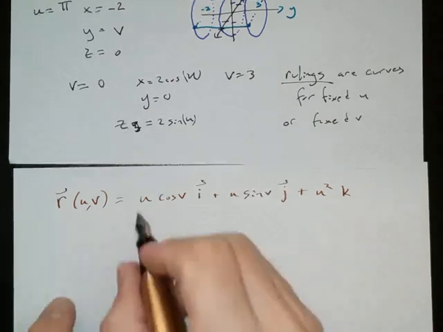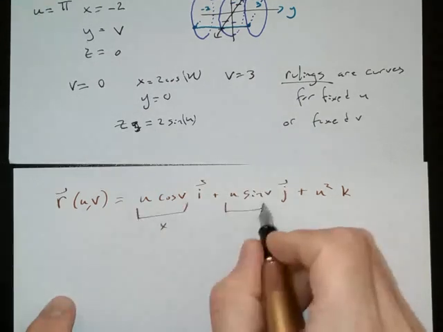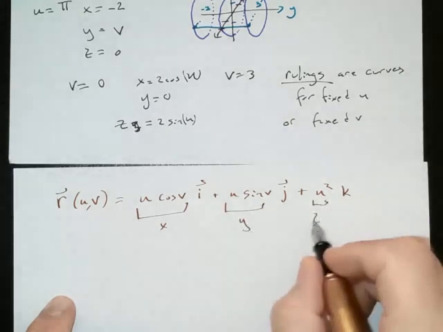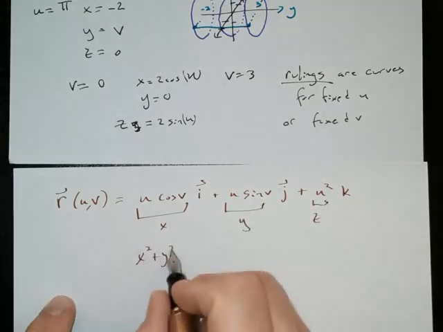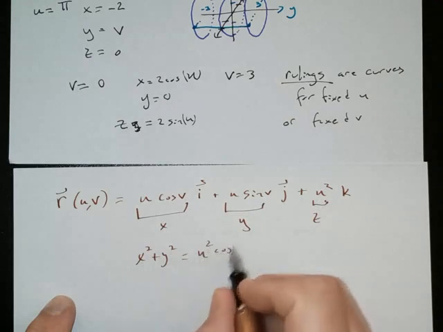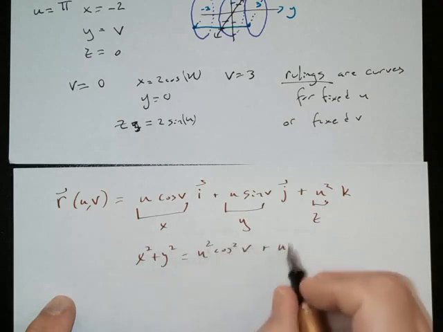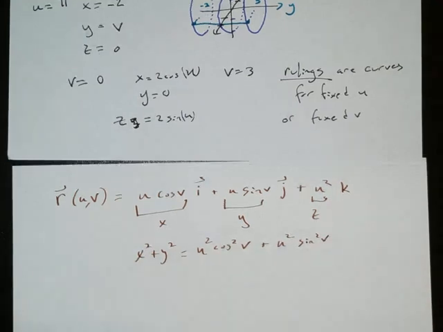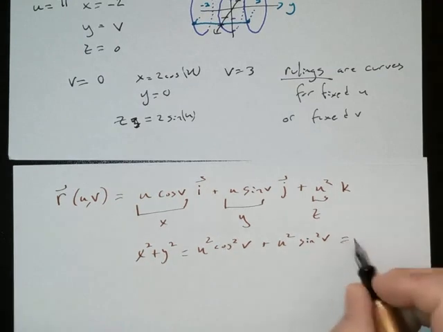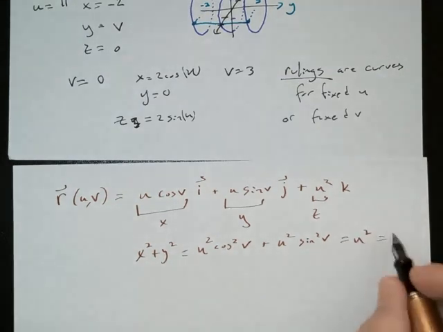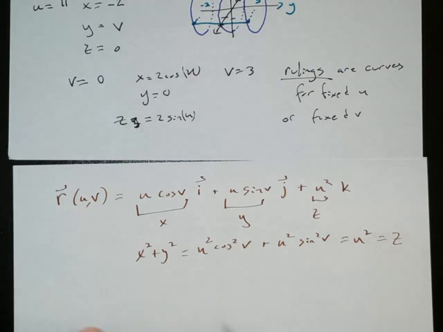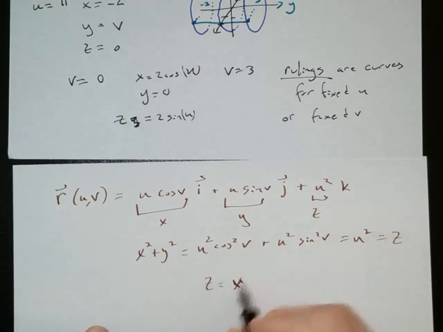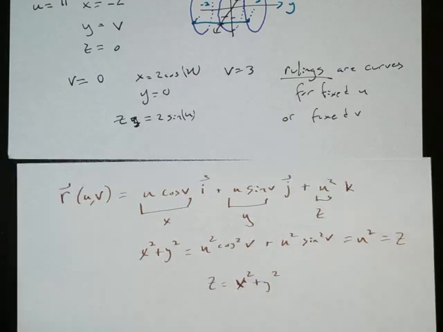Notice if I take x squared plus y squared, the sine squared and the cosine squared give me 1. That gives me u squared. But isn't that exactly equal to z? Hey, z equals x squared plus y squared. That's a paraboloid. Chapter 12, section 6.